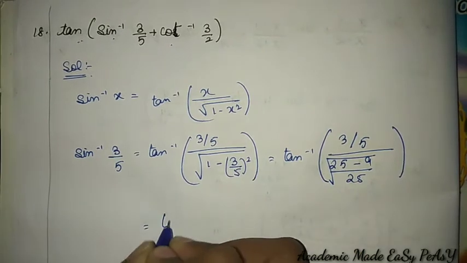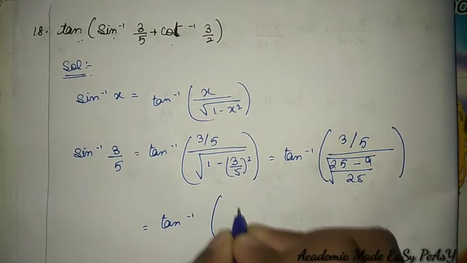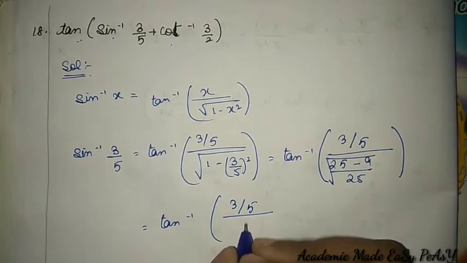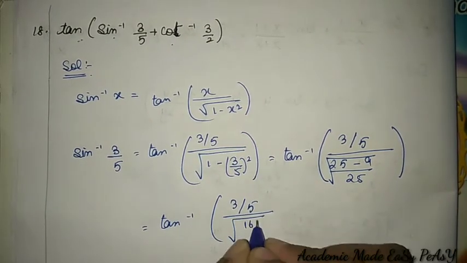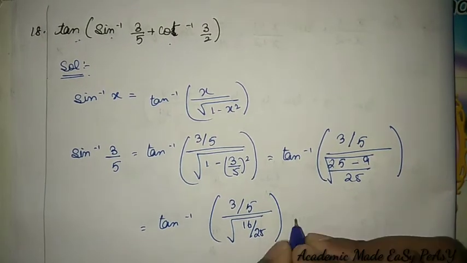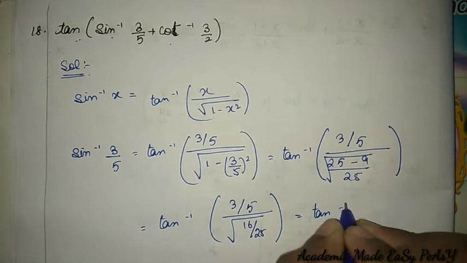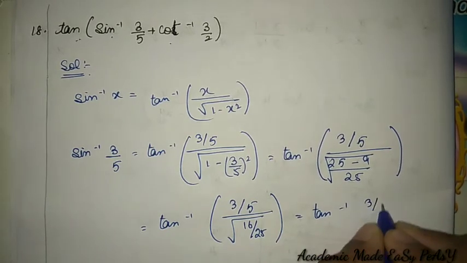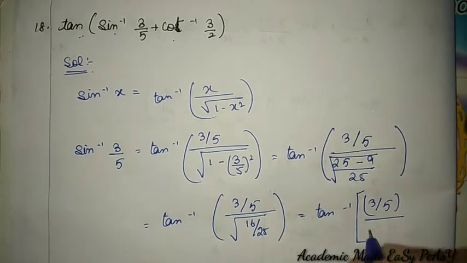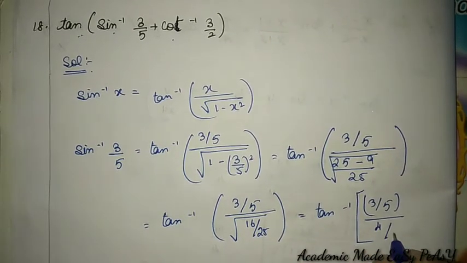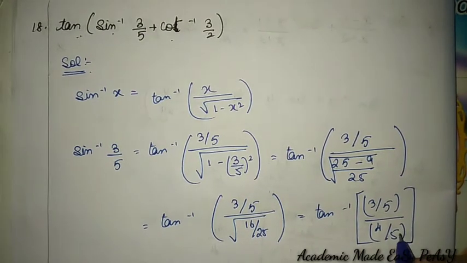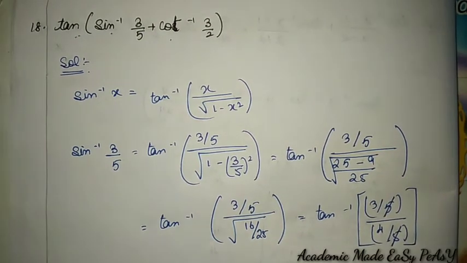So this is equal to tan inverse of 3 by 5 divided by root of 25 minus 9, which is 16, divided by 25. So it will be tan inverse of 3 by 5 divided by root of 16, which is 4, by root of 25, which is 5. Since my denominators are the same, I am cancelling these two.